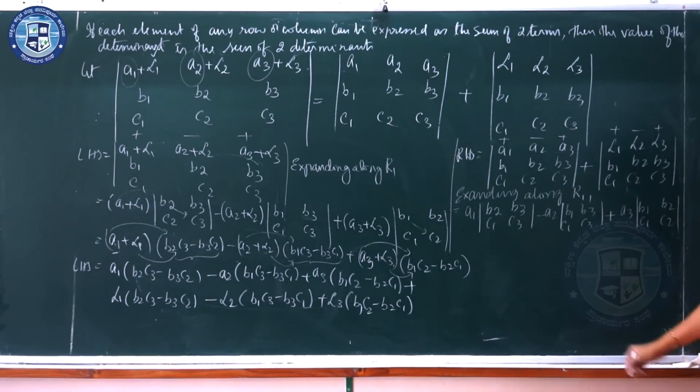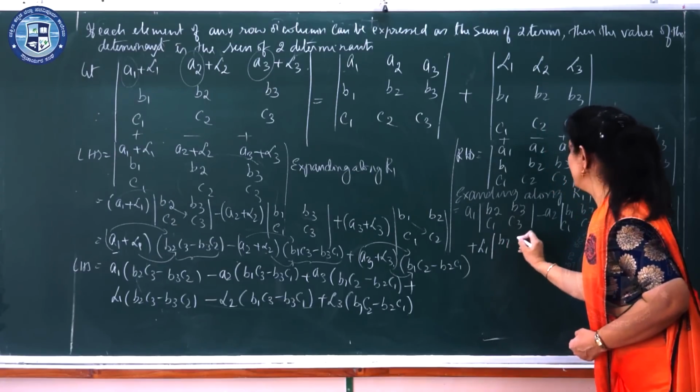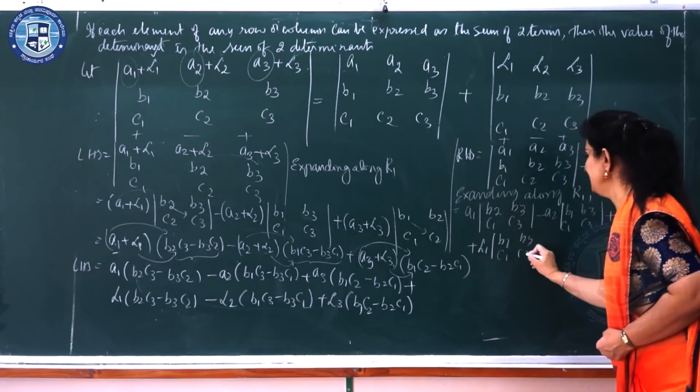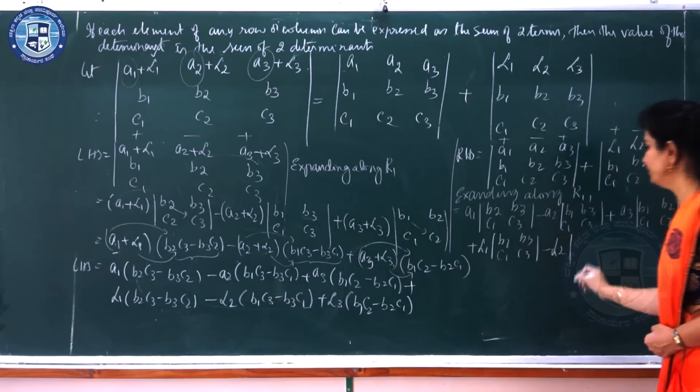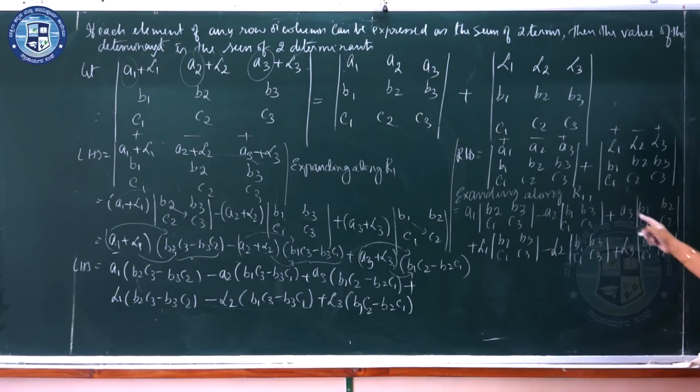Similarly, for the second determinant, it is plus alpha 1 into B2, B3, C1, C3, minus alpha 2 into B1, B3, C1, C3, plus alpha 3 into B1, B2, C1, C2. Aren't they equal here?